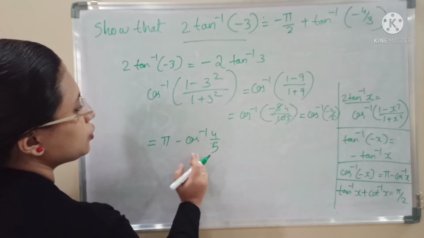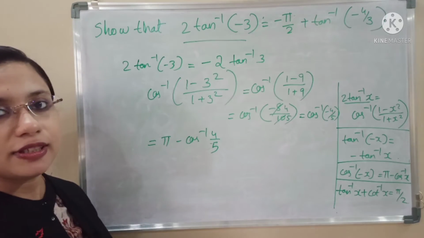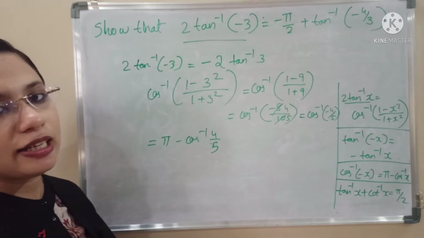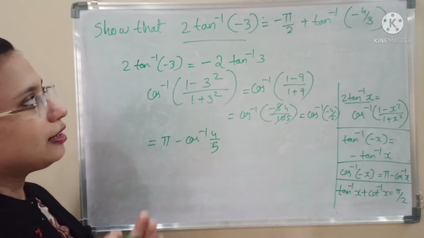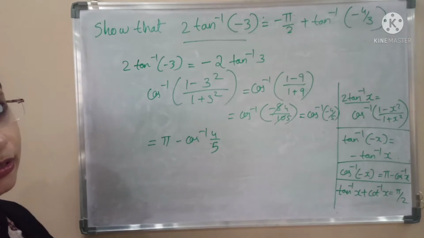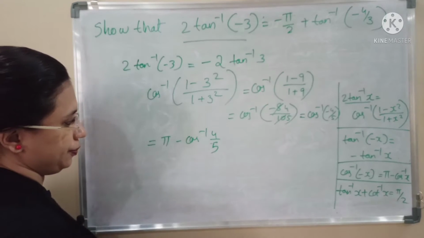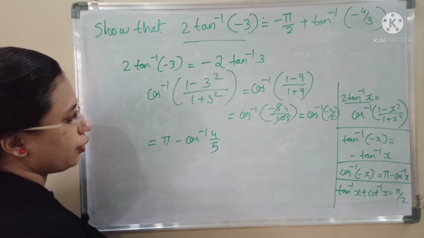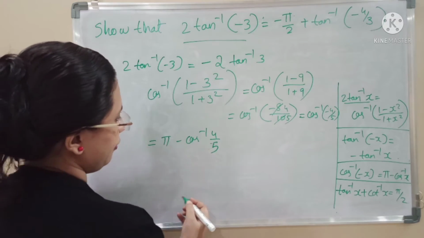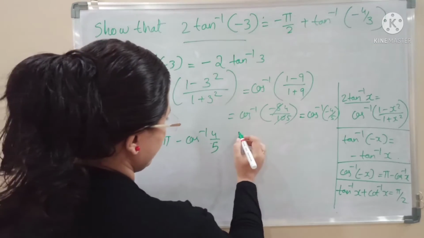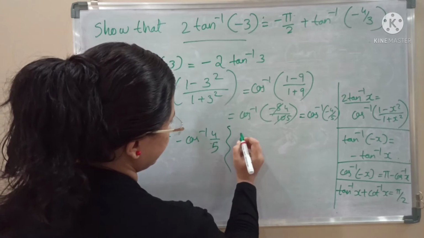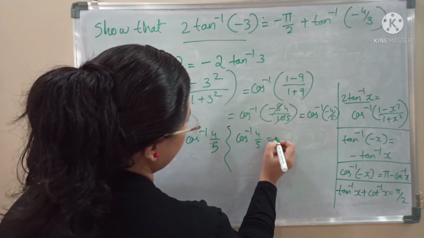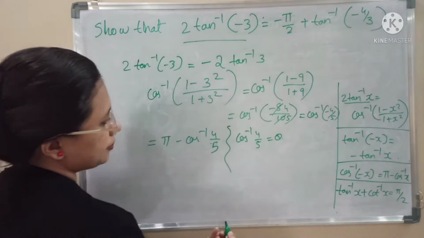Now again we need to transform this cos inverse in terms of tan, because our ultimate aim is to get the tan form of the function. So cos inverse 4 by 5 we can solve like this: cos inverse 4 by 5 equals theta.